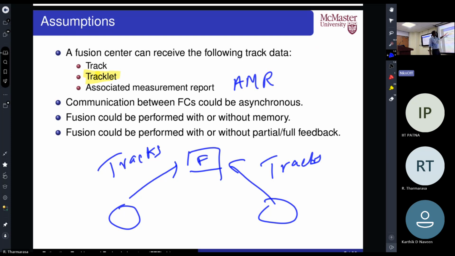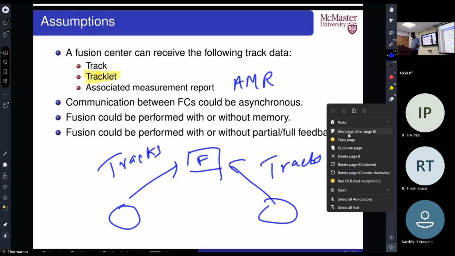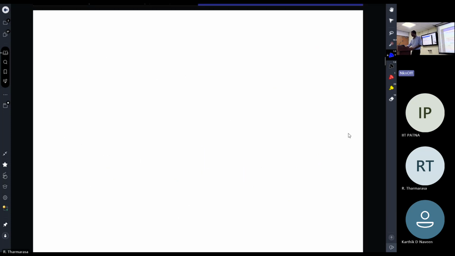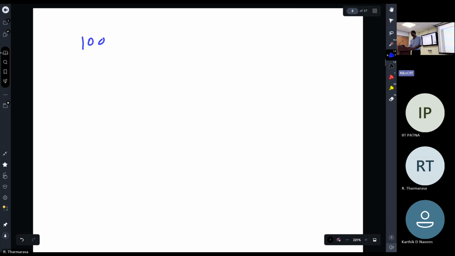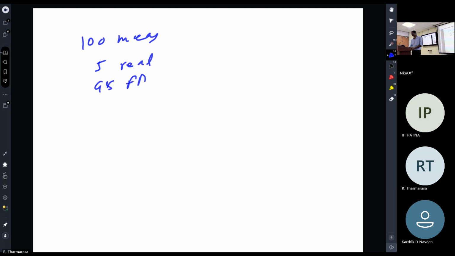So the difference between track and the Associated Measurement Report is this. If you have 100 measurements, only 5 of them are real, 95 false alarm.